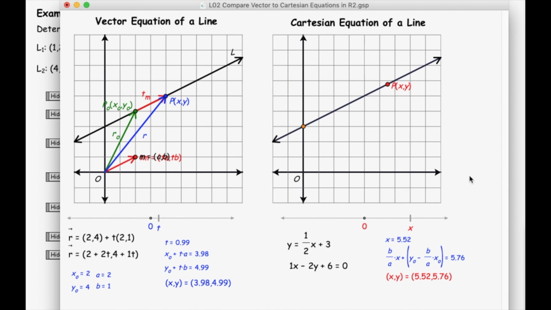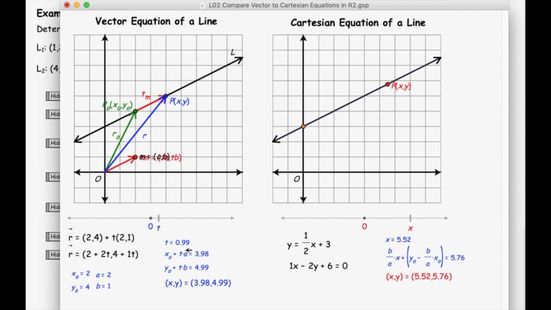But in the previous lesson, I introduced the vector equation of a line, and it's a bit different. We introduce a parameter called t, and then we use it to determine the values of our variables x and y.